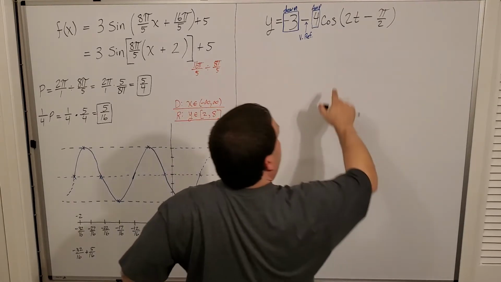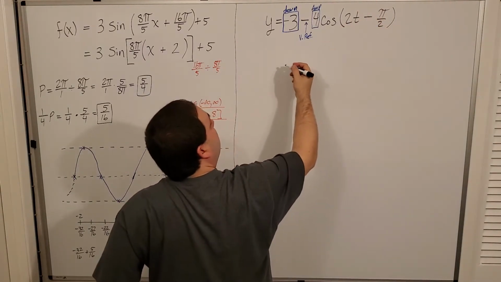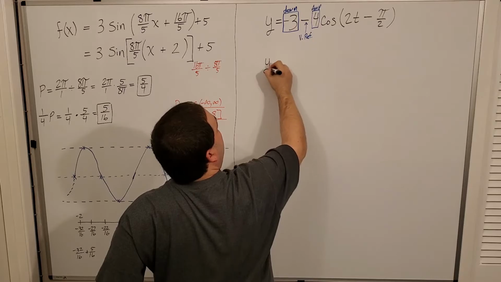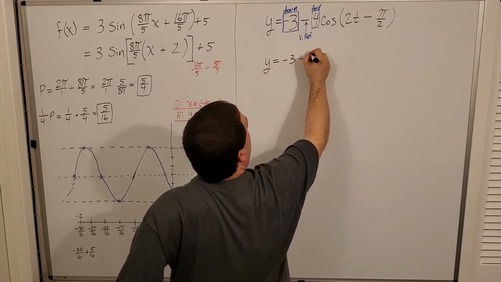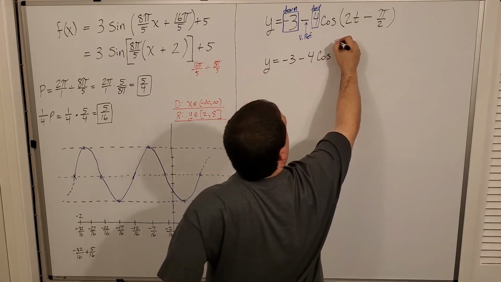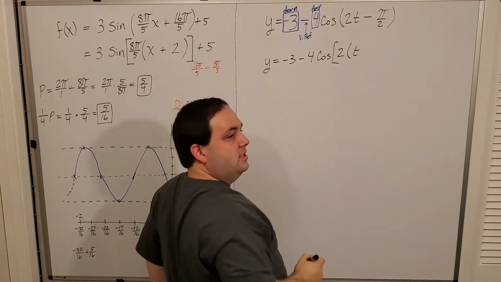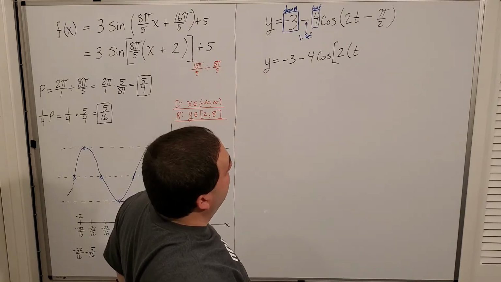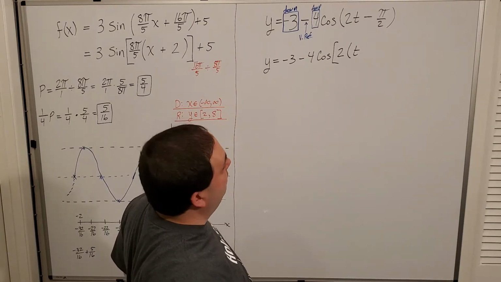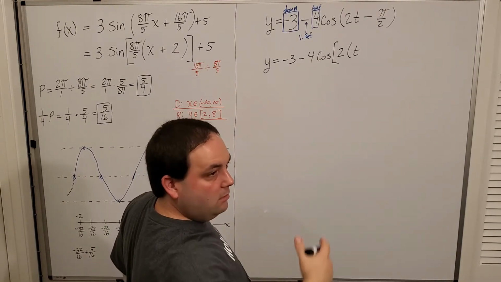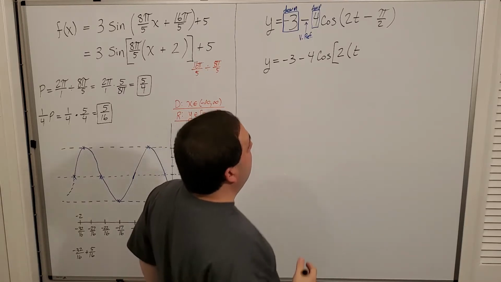First things first, I need to rewrite the parentheses by factoring. So I have y equals -3 minus 4 cosine of, I'm going to factor a 2 out because that will cause the t to be something with a coefficient of 1.